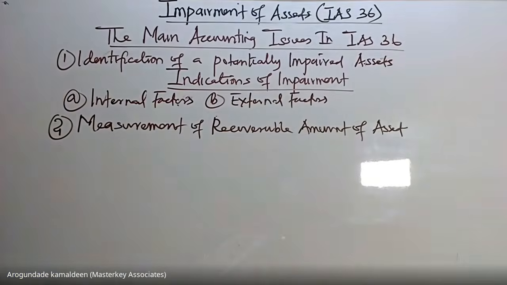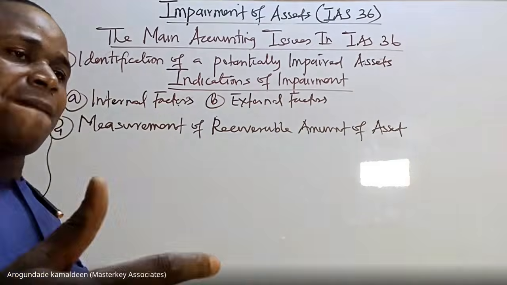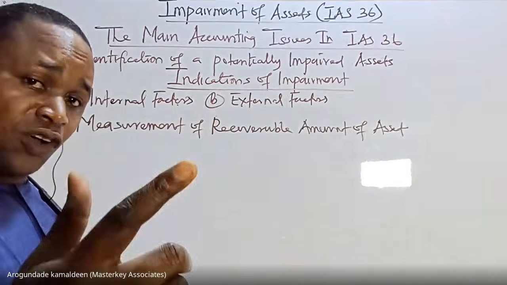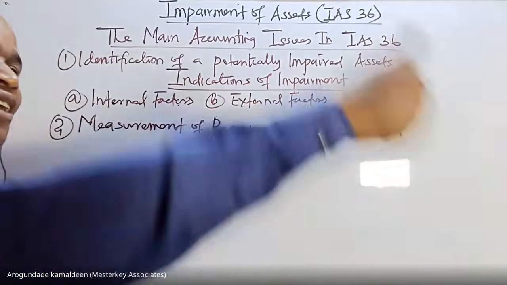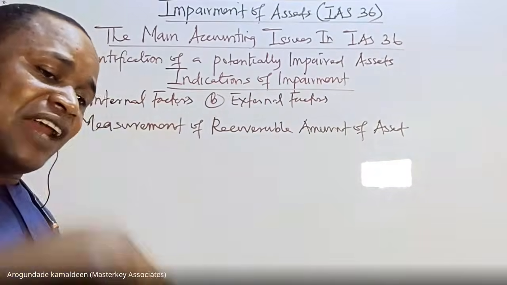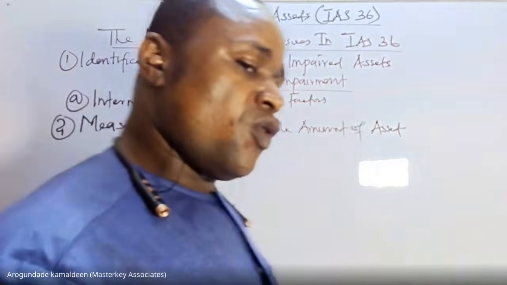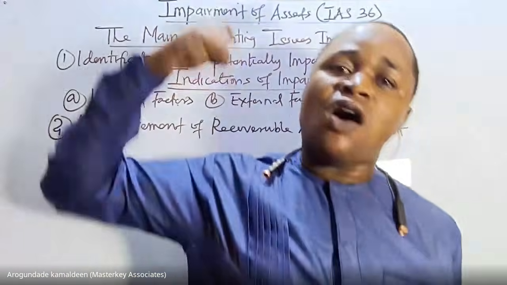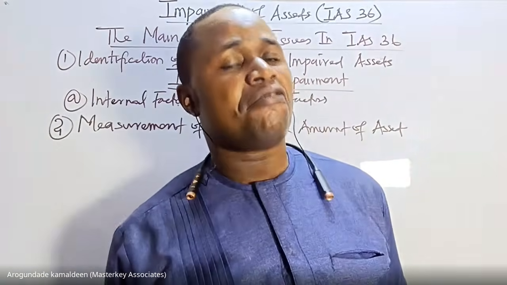Yes, you know, I said that impairment occurs when the carrying value, the value in your own record, is more than the recoverable value.